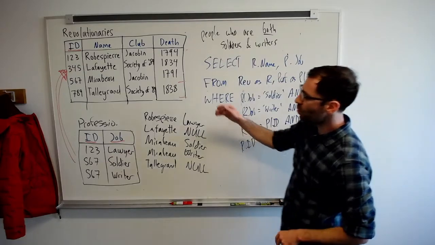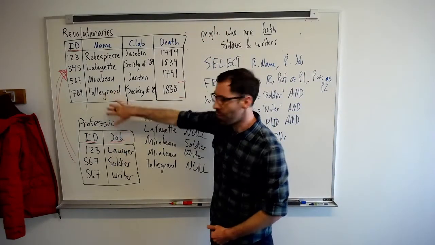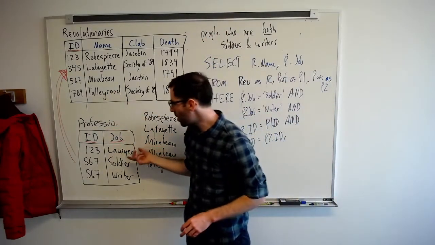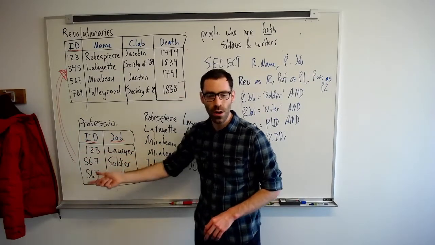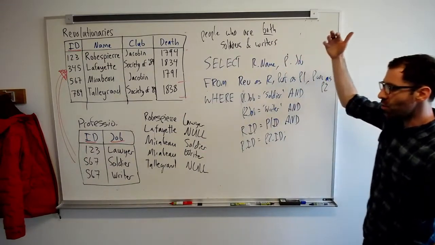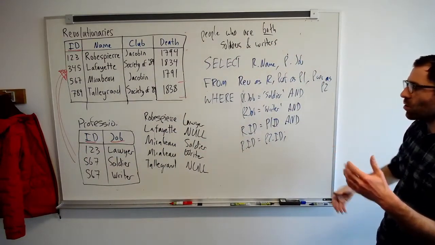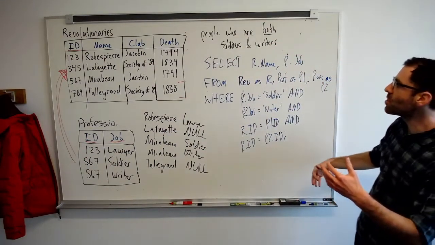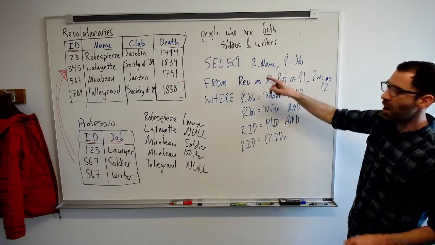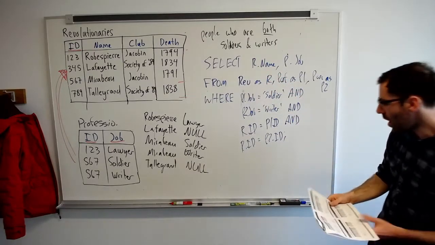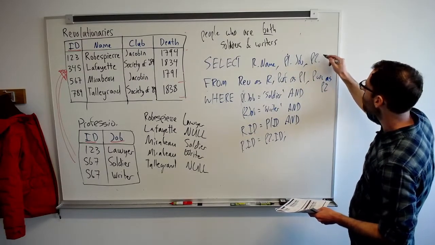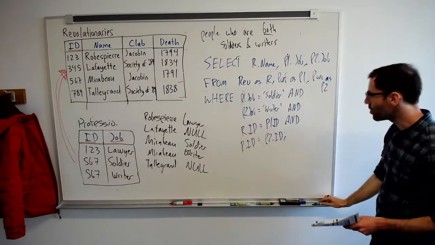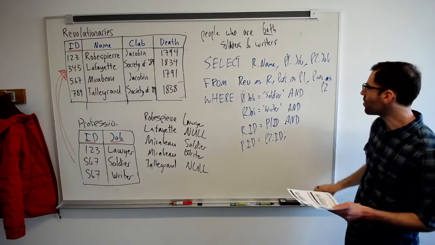And then we're looking for the tuples where the first tuple from professions has soldier and the second has writer. And because we're joining this all together and getting all combinations, we would need to say P1.job and P2.job to get out the jobs from both of our profession tables.